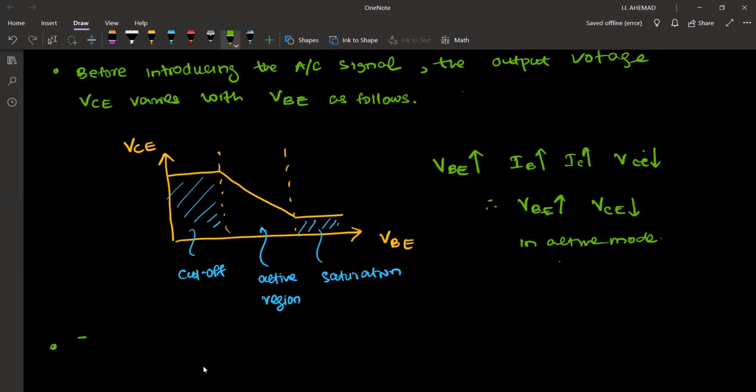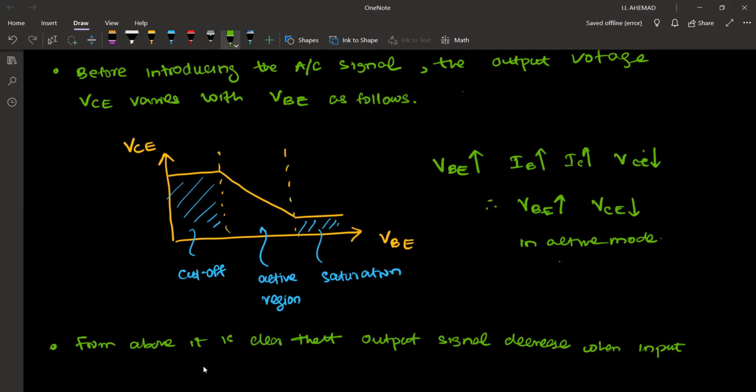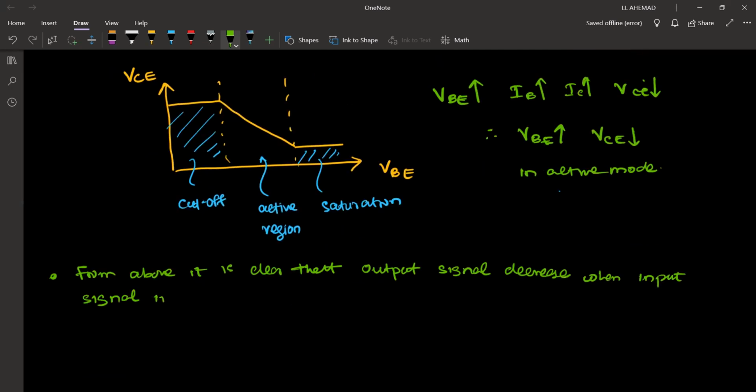From above, it is clear that the output signal decreases when the input signal increases in active mode.